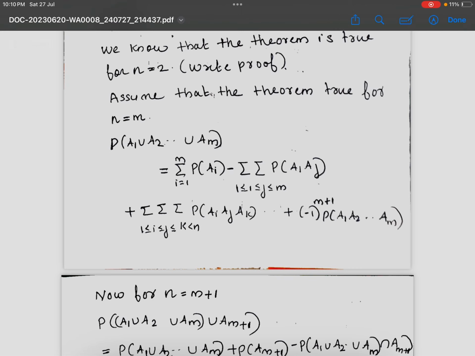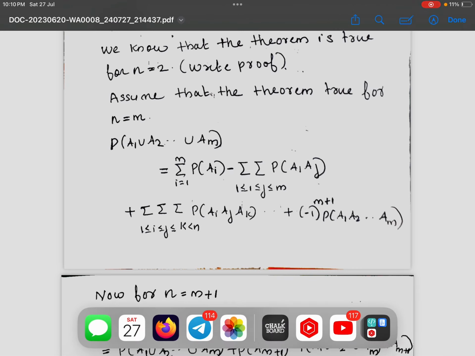Then now for n equal to m plus 1, we check whether this theorem is true.